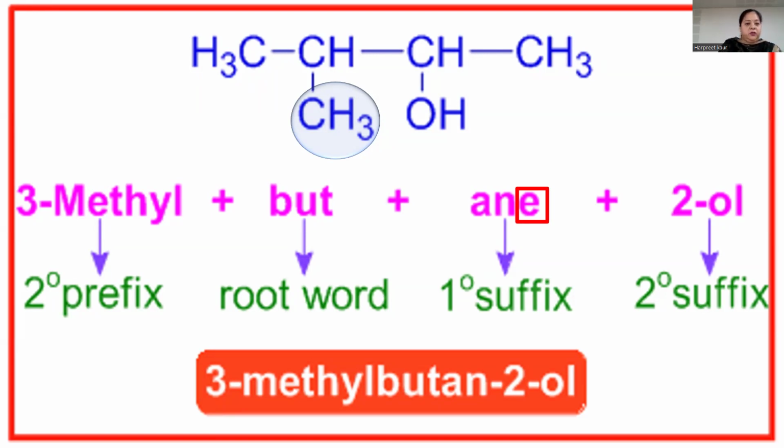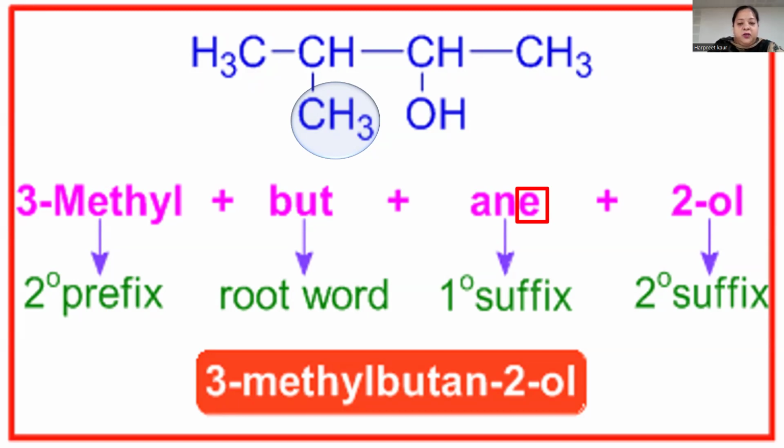Infix is only for the cyclic compounds, where only cyclo is written here. And if we combine this name, it becomes 3-methylbutan-2-ol, but care must be taken while writing butan-2-ol. This E of ane, as I've shown here in the red box, when we combine this, E is to be omitted.